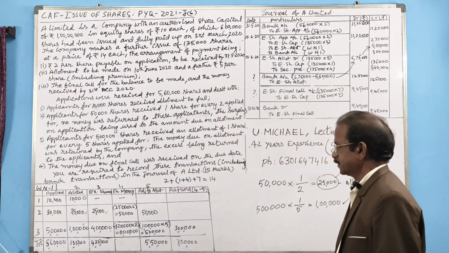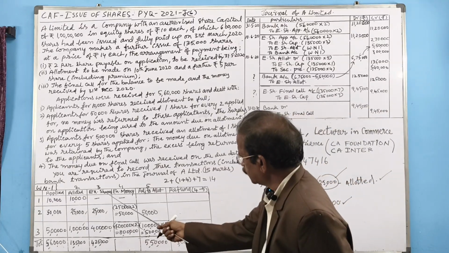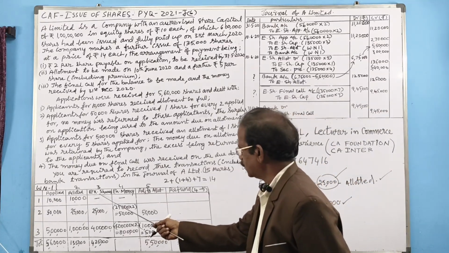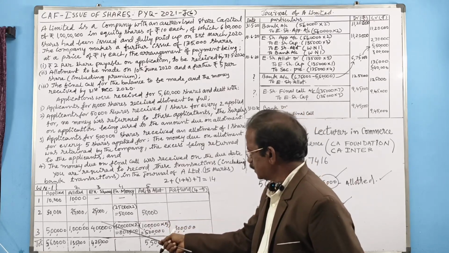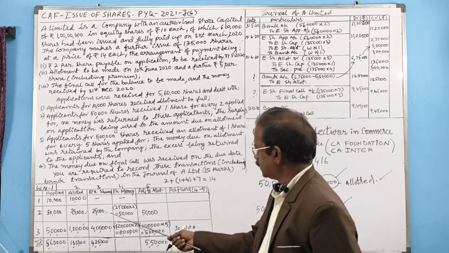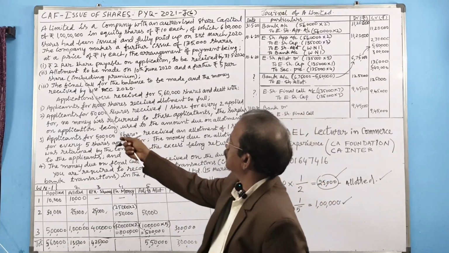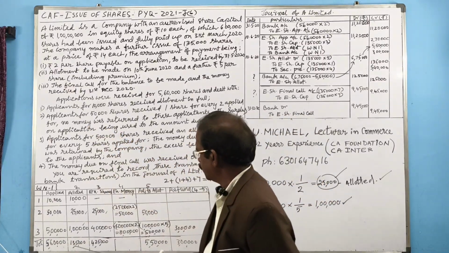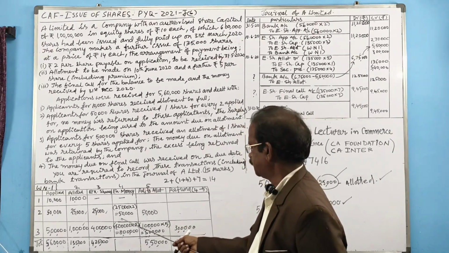Now after that, what do we have to do? You have to take the third column. What is the third column? Excess number of shares. The excess number of shares are to be multiplied by the application money. 25,000 into 2 rupees, 50,000.